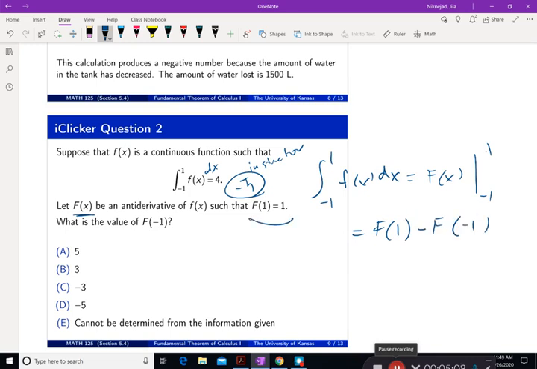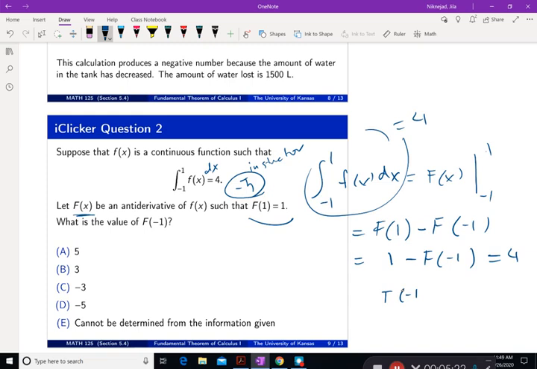Oh, one thing is given to me, that one. So I replace. And by the way, this was given to me, that was 4. So this is equal to 4. And then you subtract and you find F of negative 1 has to be 1 minus 4, which is negative 3.